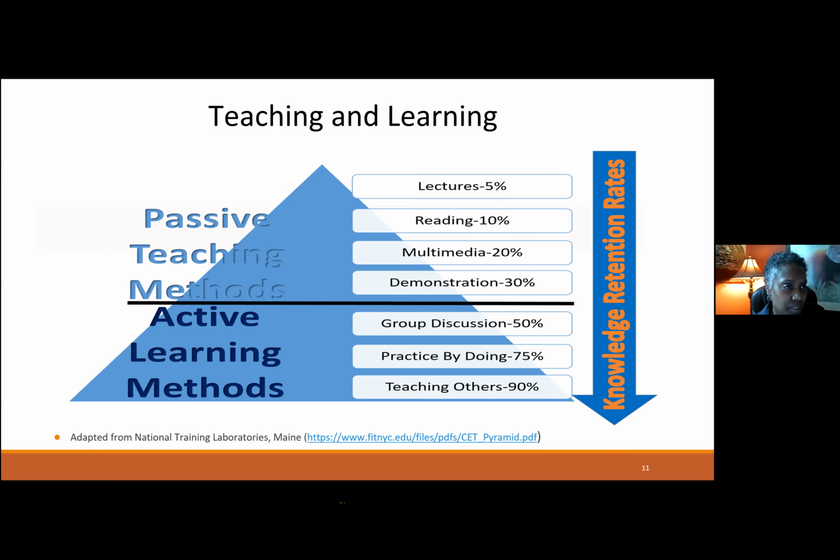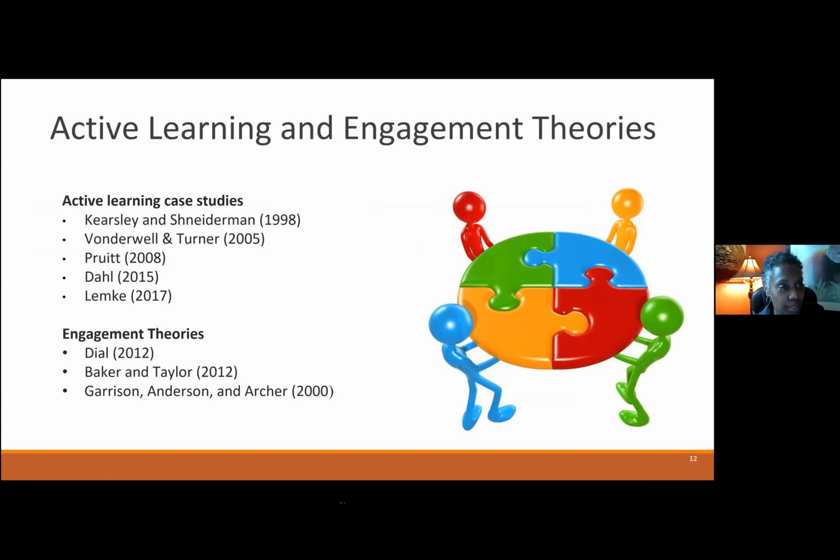Here are just a few references from the literature that support the reasons for active learning and why it's so important. The theoretical framework for active learning models stemmed from Chickering and Gamson, 7 Principles for Good Practices in Undergraduate Education for Face-to-Face Interactions. In 1998, Kearsley and Shneiderman proposed the engagement theory, which posits students must be profoundly involved in their course of study through interaction with others and meaningful tasks for effective learning to take place.